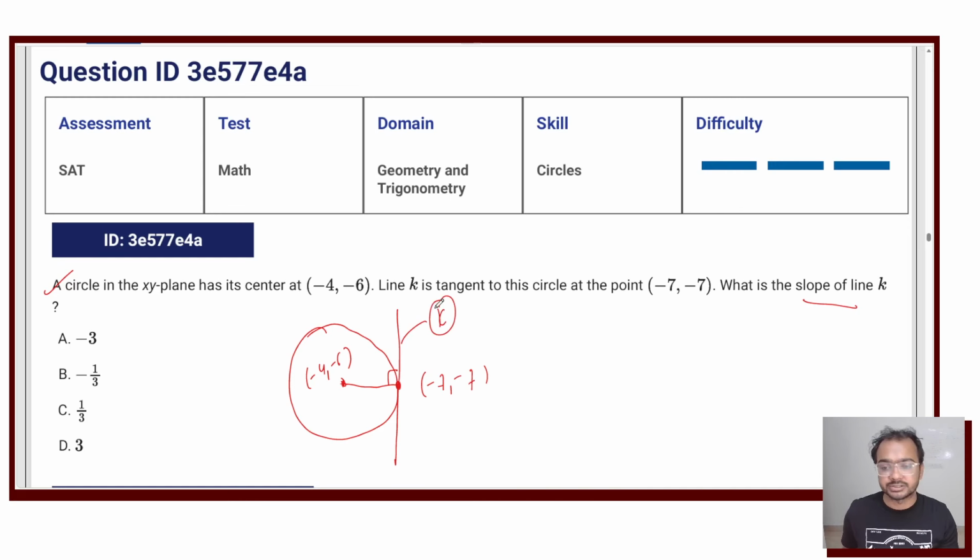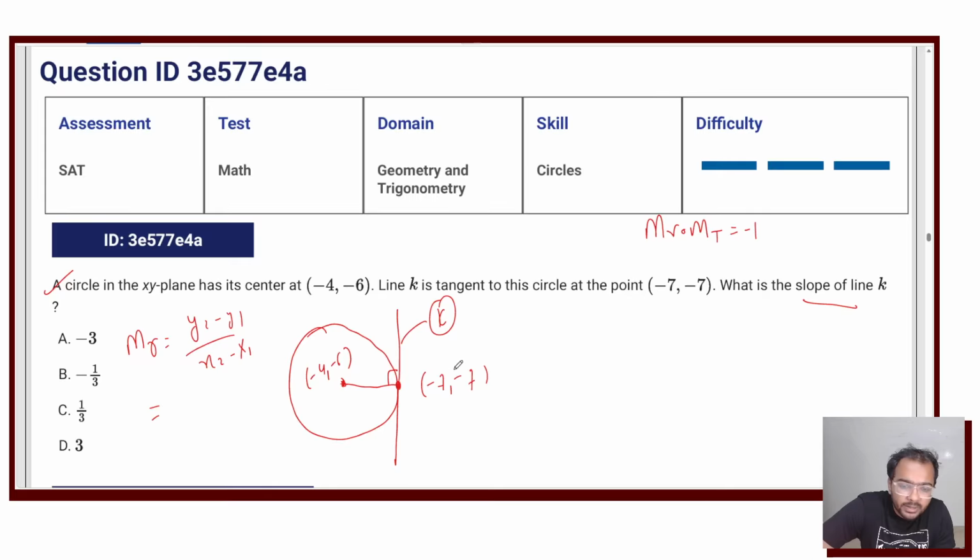K is what? K is the tangent. We discussed in one of the questions that the radius and tangent will be perpendicular to each other and the product of their slopes will come out to be -1. We have these coordinates, so I can easily find the slope of the radius first. Using the formula y2 minus y1 divided by x2 minus x1, we can find the slope. y2 minus y1: -7, negative of -6, divided by x2 minus x1: x2 is -7, negative of -4.